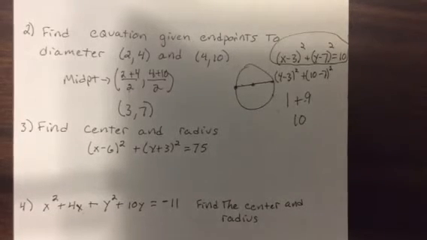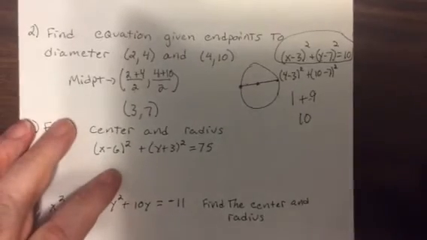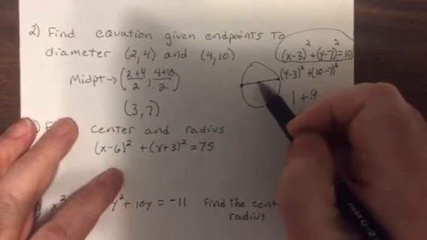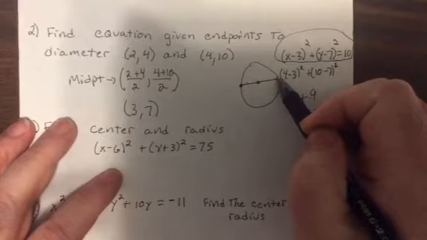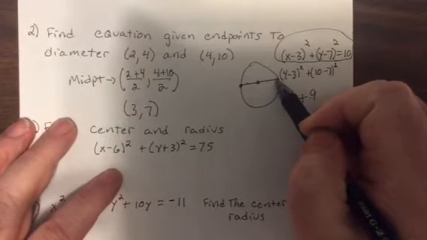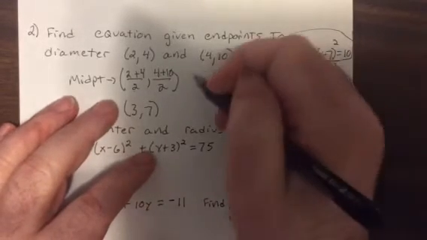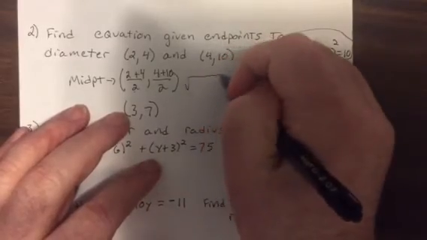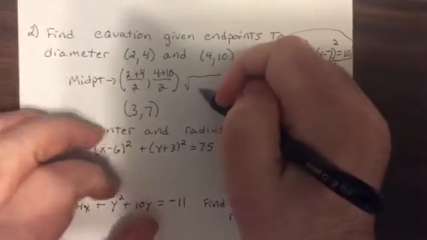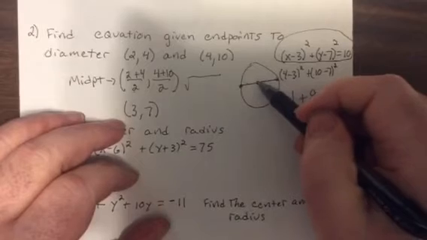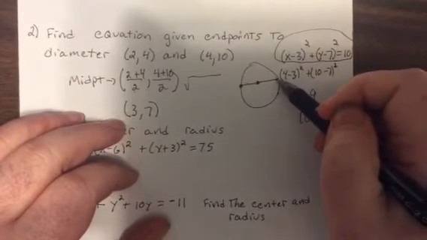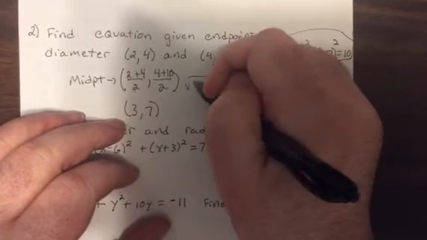Now, another way to do it is to say, wait a minute, the center to a point on the circle is the radius. So I could use the distance formula, which is the square root of the center minus the point.